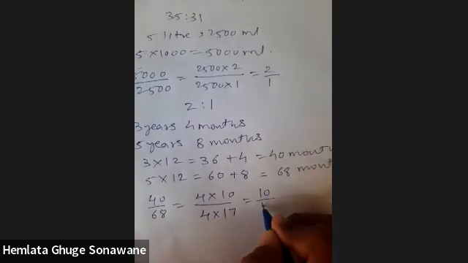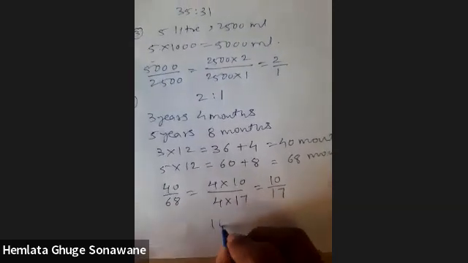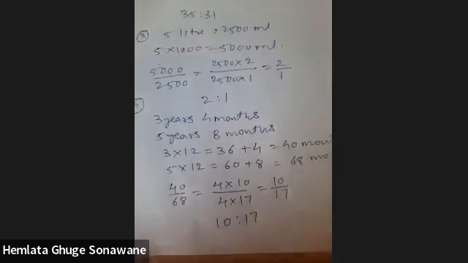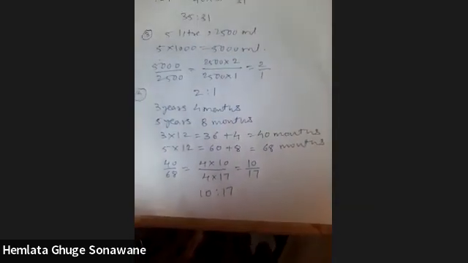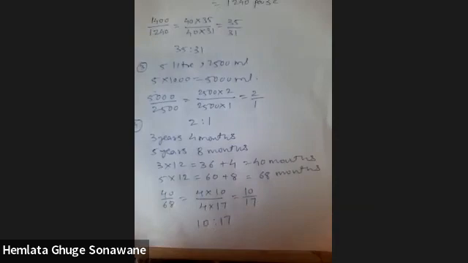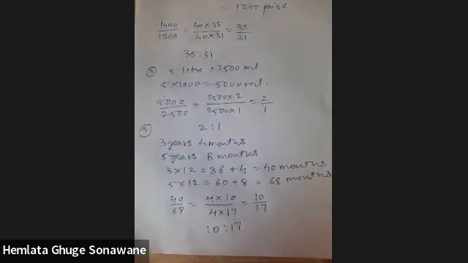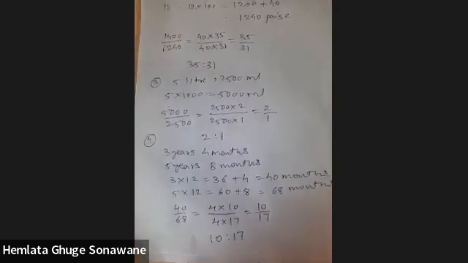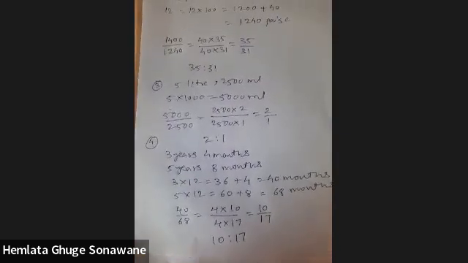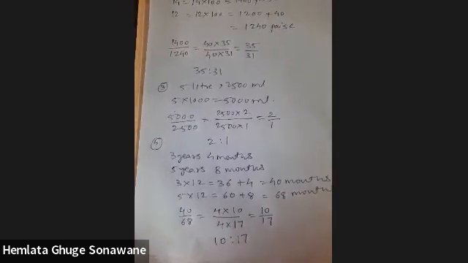So it becomes 10 upon 17. That is, the reduced form of the given quantities is 10 as to 17. If units are the same, then there is no need to do any conversion. If units are different, then we have to do the conversion.